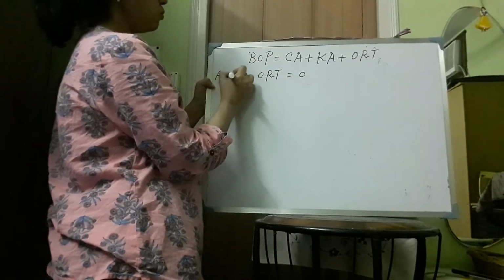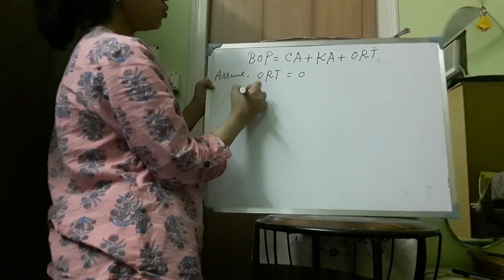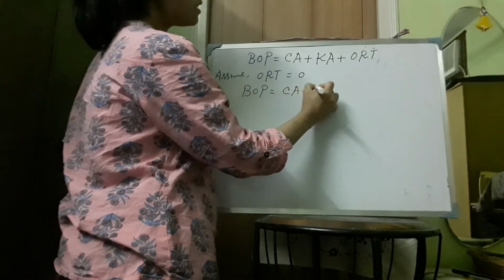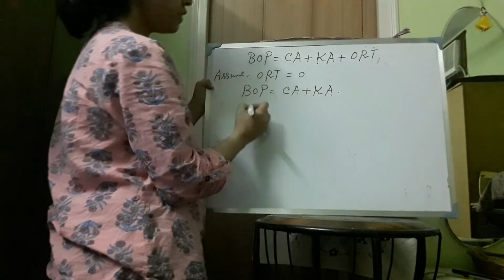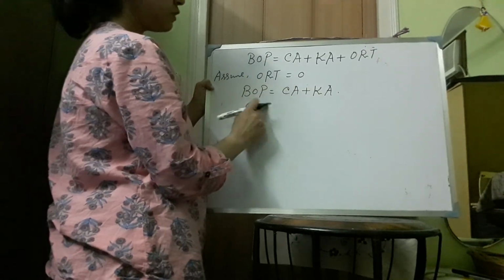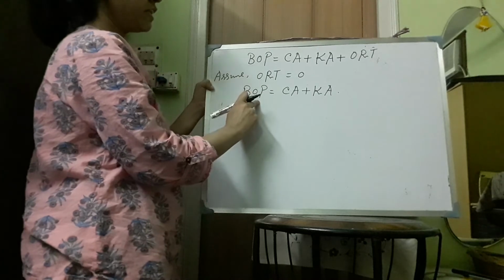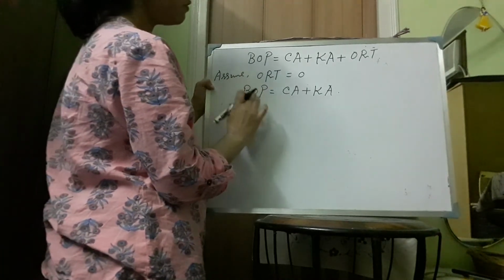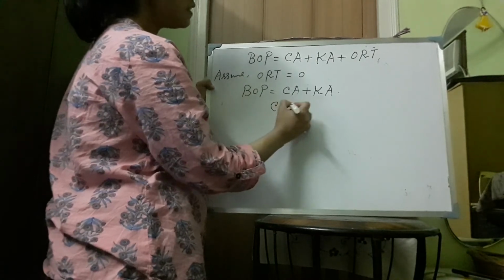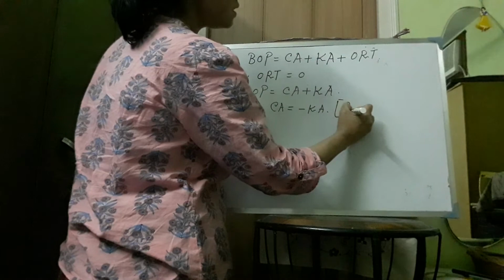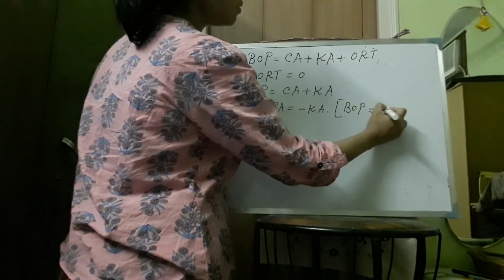So BOP is equal to current account plus capital account. If the BOP is in balance, then BOP is equal to 0, and we can say that CA is equal to minus KA.